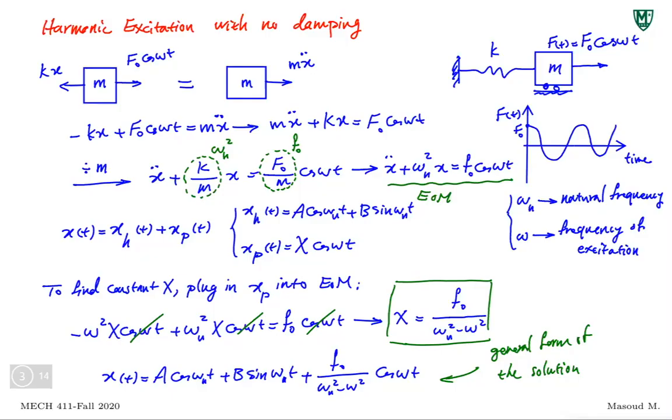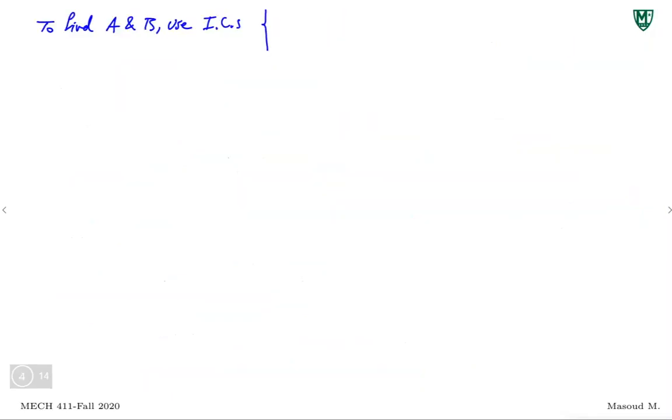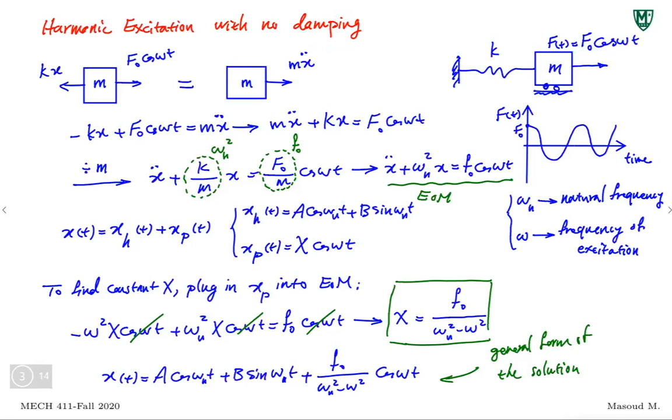Okay. So initial conditions. I just take x at t equals 0 as x naught, and x dot at t equals 0 as x dot naught: some initial displacement, initial velocity. Now if I plug t equals 0 into the general form of the solution, the first term becomes a, the second term becomes 0, and the third term becomes f naught over omega n squared minus omega squared.